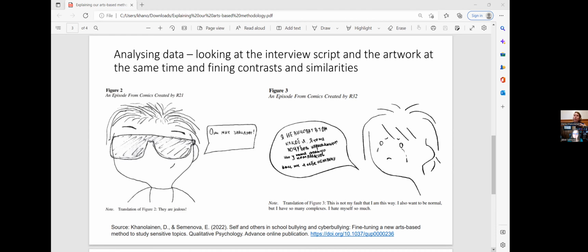Of course, with an academic definition of bullying, it doesn't have to be physical violence. So we wanted the same understanding for all participants across countries, and we wouldn't use the word bullying at all.